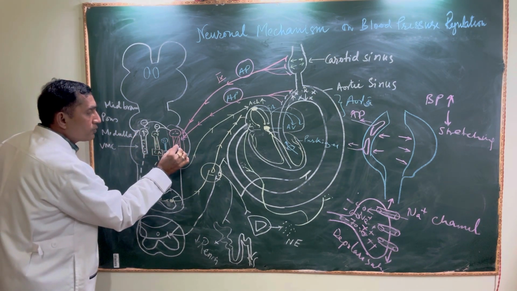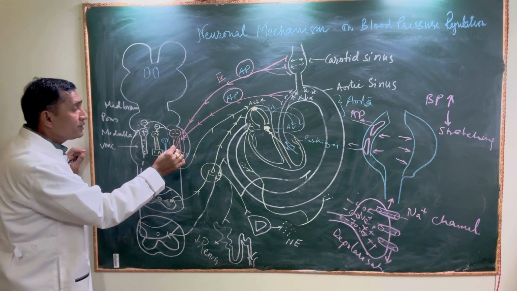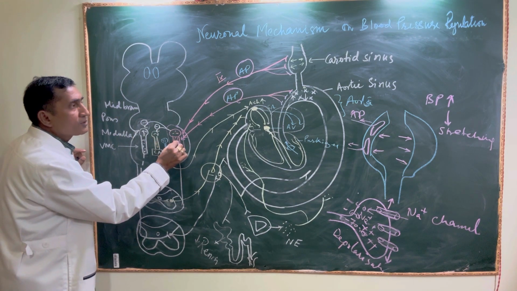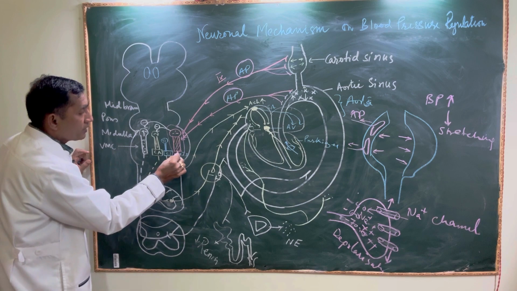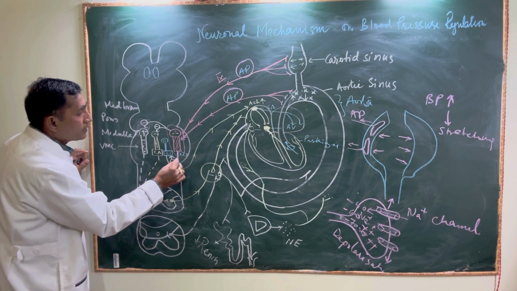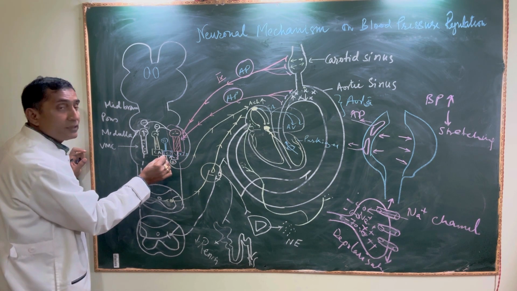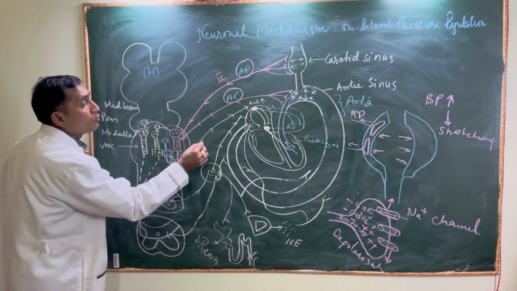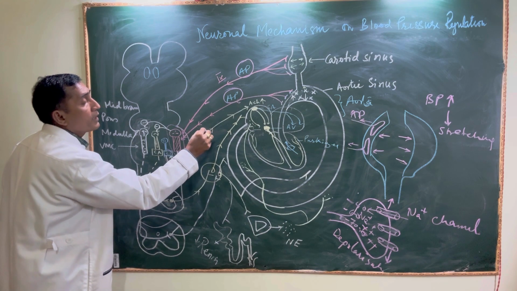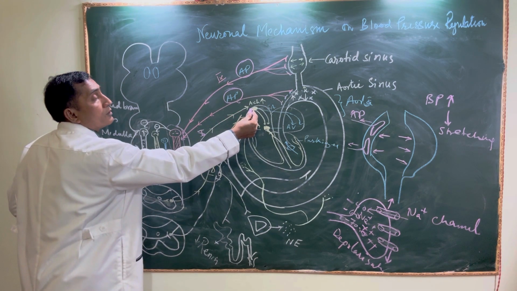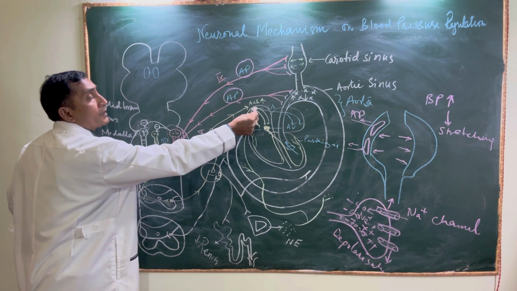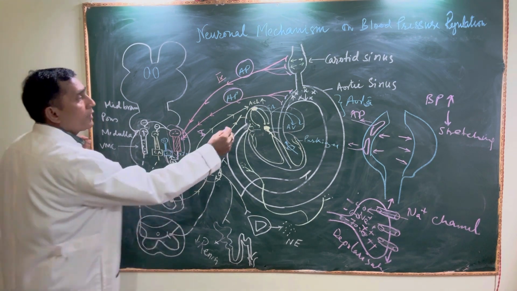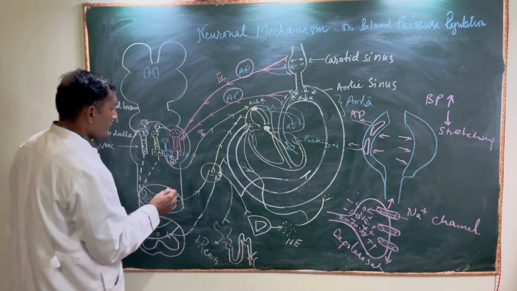And once this nucleus tractus solitarius is stimulated because of increased blood pressure, what will happen? There will be stimulation of the cardio-inhibitory center. This cardio-inhibitory center, through the vagus, will control the activity of the SA node. So there will be more secretion of acetylcholine.